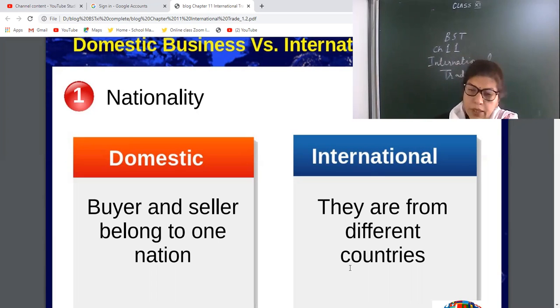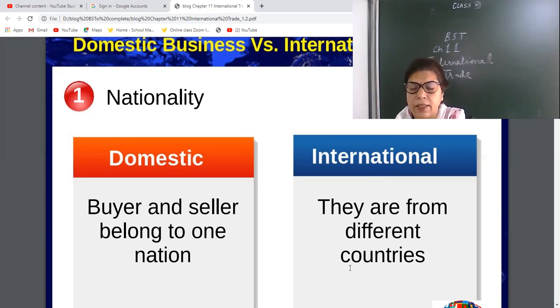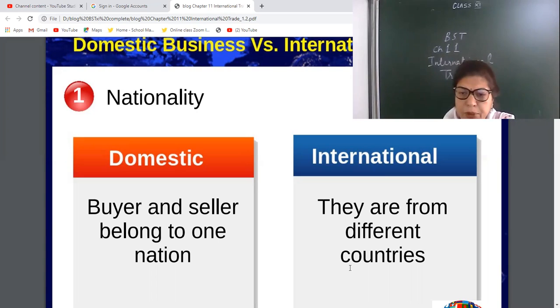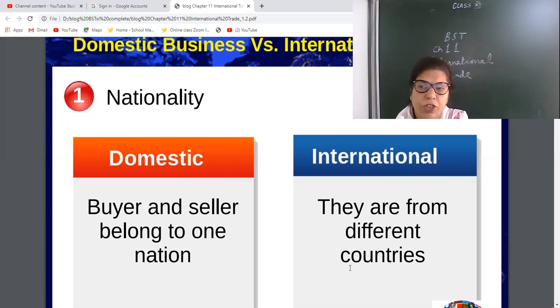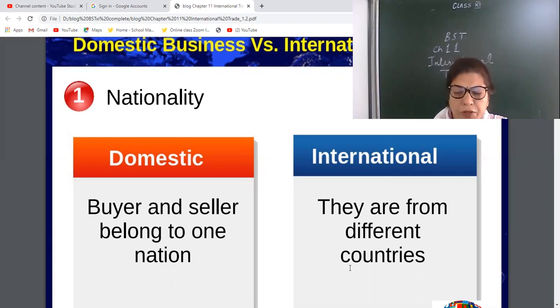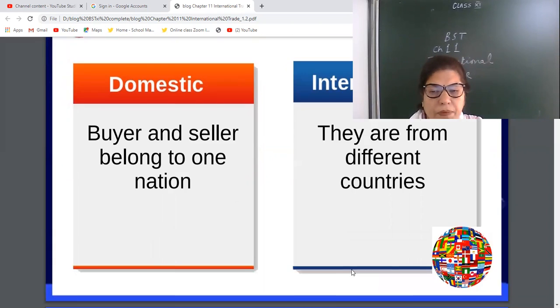Then international: in international business, buyer and seller are from different countries. They are known as exporter and importer. Example, buyer of China, seller of India. So in domestic business, nationality is one and the same; in international business, they are from different nations.